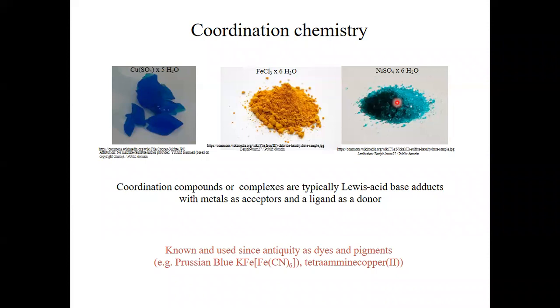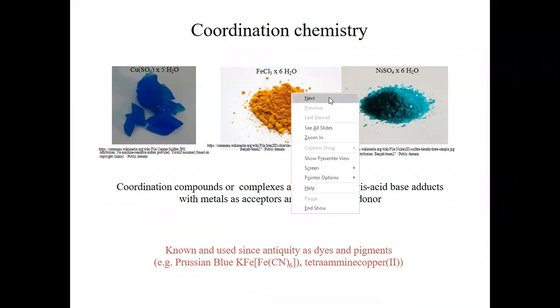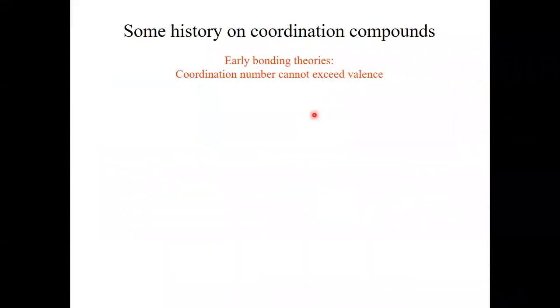And the basic problem was that in the early days of chemistry, it was believed that the coordination number would not be able to exceed the valence of the respective metals.